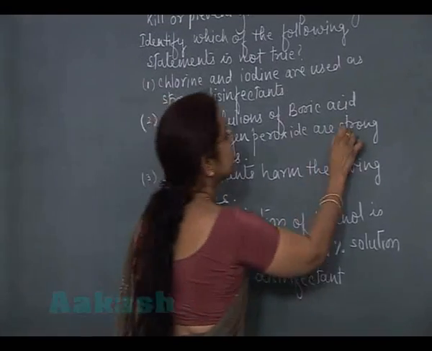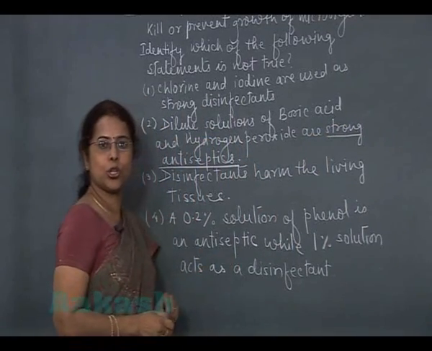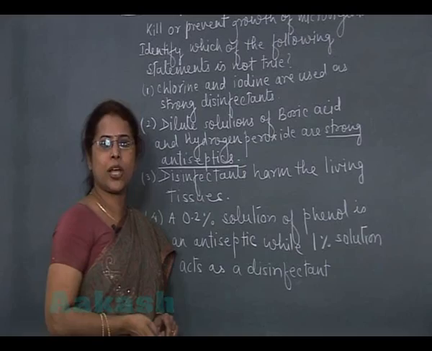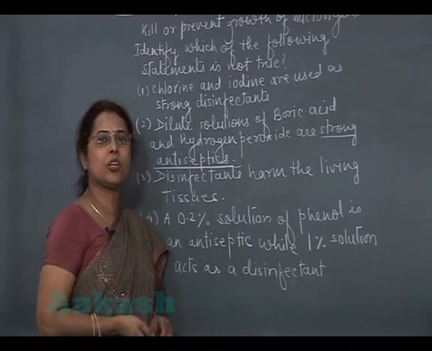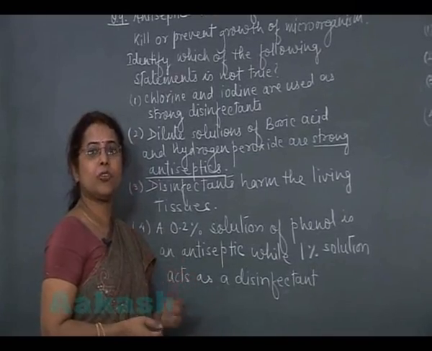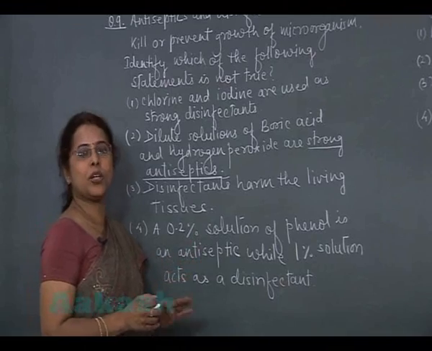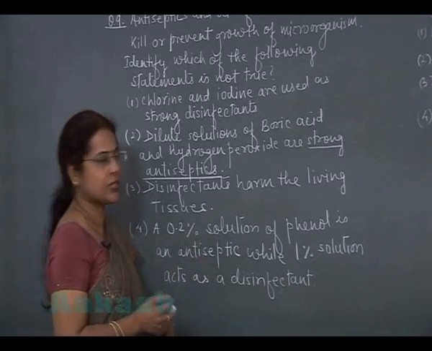This statement is incorrect statement. This is dilute solution of boric acid. Boric acid itself is a very weak acid, and its dilute solution, it means a very weak acid solution. So they are antiseptics but not strong, they are very weak antiseptic.